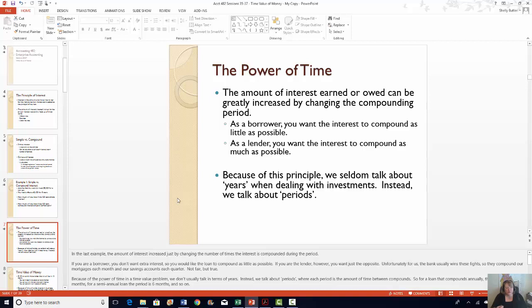So that's what interest is all about. And part of that risk rate is that. So now, because of this principle, we seldom talk about years when dealing with investments. Again, we talk about the periods because depending on how many times that interest is compounded, that gives us our periods.